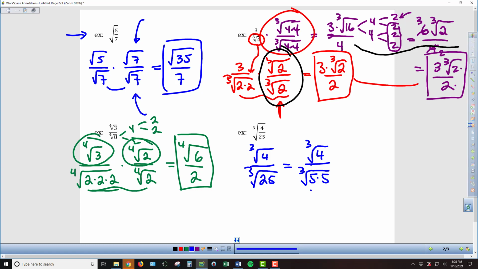And so what I can see is I don't need 2 more 25s, I just need 1 more 5 to complete a set of 3 5s. So I'm going to multiply the top and the bottom by the cube root of 5. So that gives me 1, 2, 3 5s underneath my cube root symbol in the denominator. So that comes out as a single 5. And then up in the top, I'm just going to multiply those two.